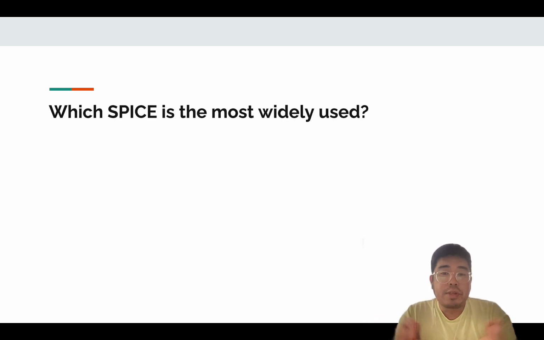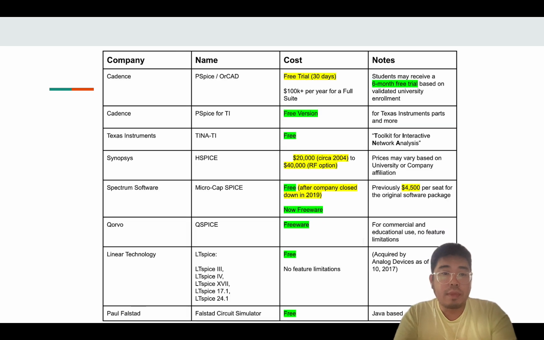So which SPICE is most widely used in the electronics, electrical engineering, and computer science industry? Here we have a table of several types of SPICE simulation, from Cadence to Texas Instruments, Synopsys, Spectrum Software, Microcap SPICE, QSPICE, and lastly Linear Technology's famous LT-SPICE, which is free.